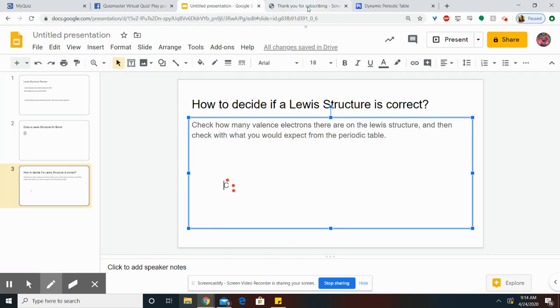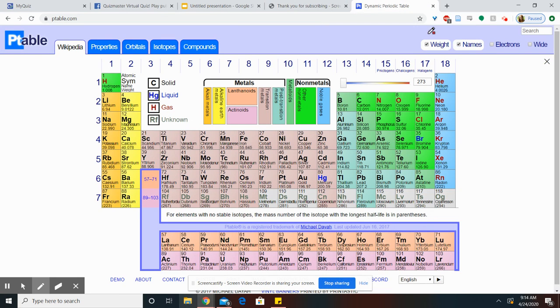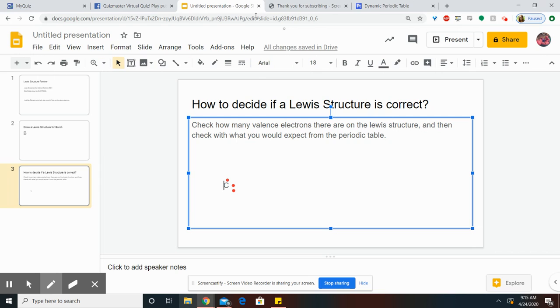A Lewis structure for carbon with 3 dots on it. Well, let's go to our periodic table. Carbon's right here. So I would expect carbon to have 1, 2, 3, 4 valence electrons, which means this with only 3 is not correct.